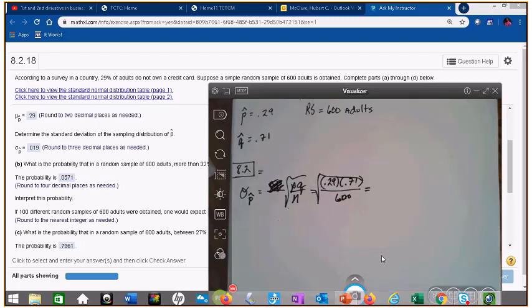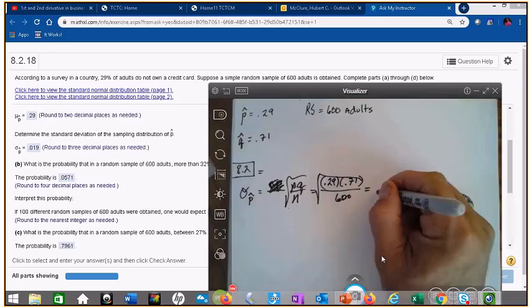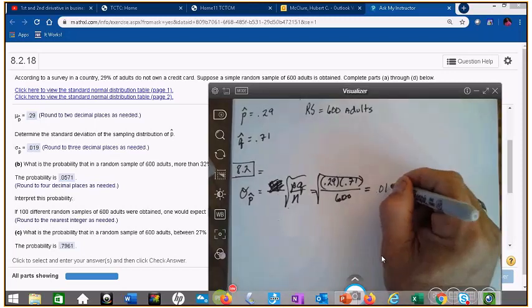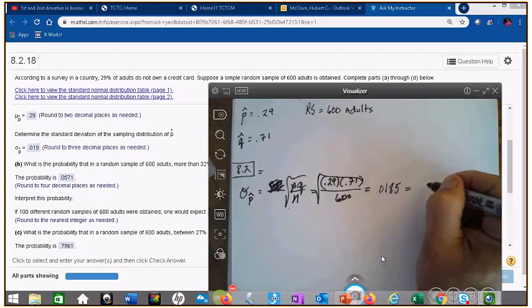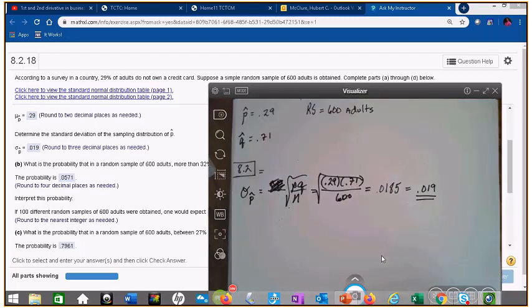Divided by 600, and then take the square root, so I'm going to raise that to the 0.5 power. 0.019. Actually 0.0185, which they say round to 3 digits, 0.019. And that's your new sigma.